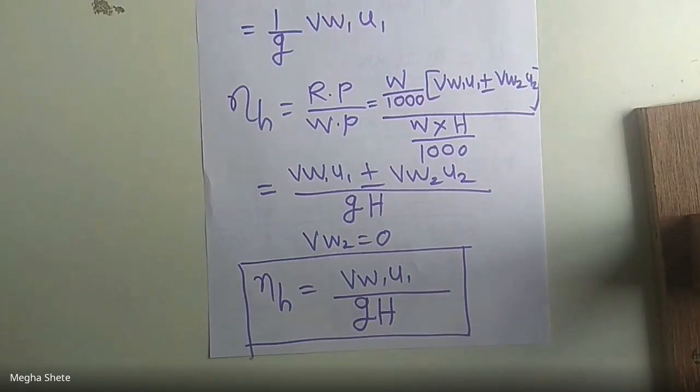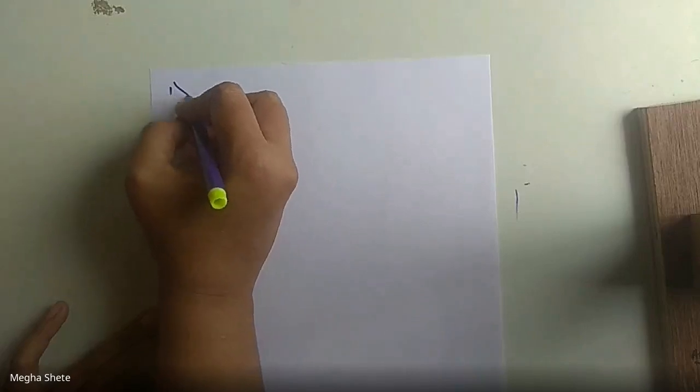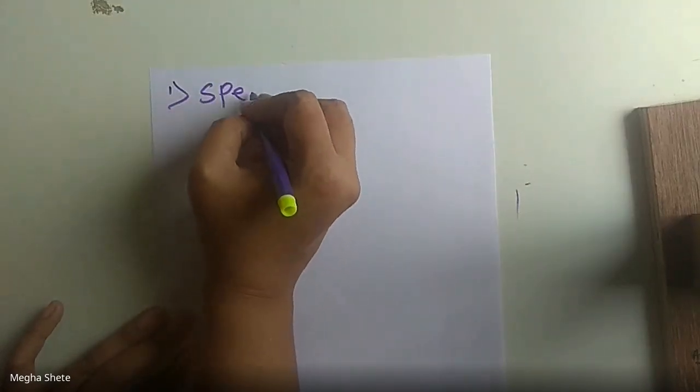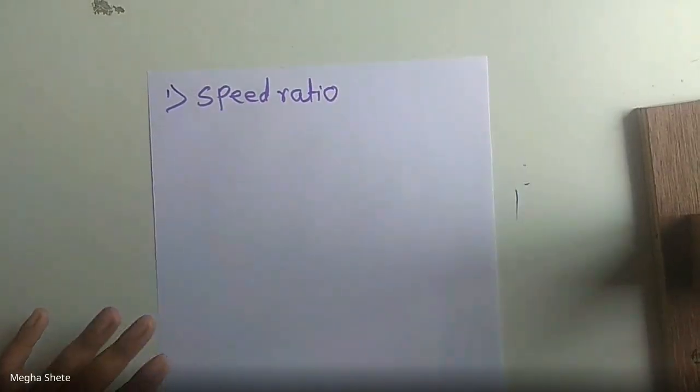Now we will see some formulas regarding the radial reaction turbine. First one is the speed ratio.